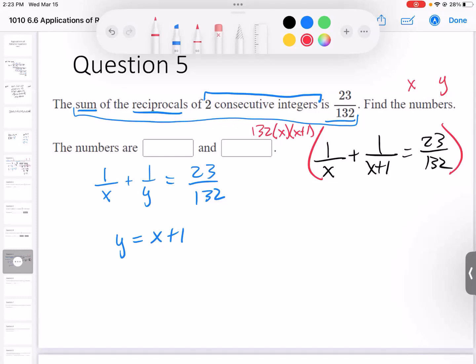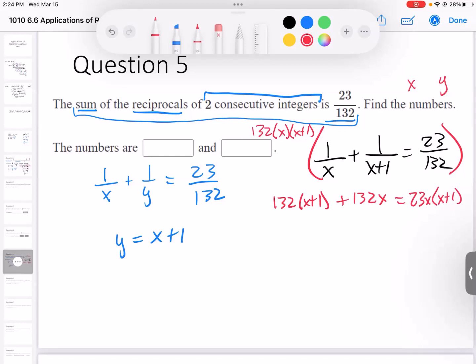When I multiply this by this fraction, the x's will cancel, and I'm left with 132 times x plus 1. So that will look like that. When I multiply this by this fraction, the x plus 1's cancel, and I get 132x. When I do that times this fraction, the 132's cancel, and I end up with 23x times x plus 1.